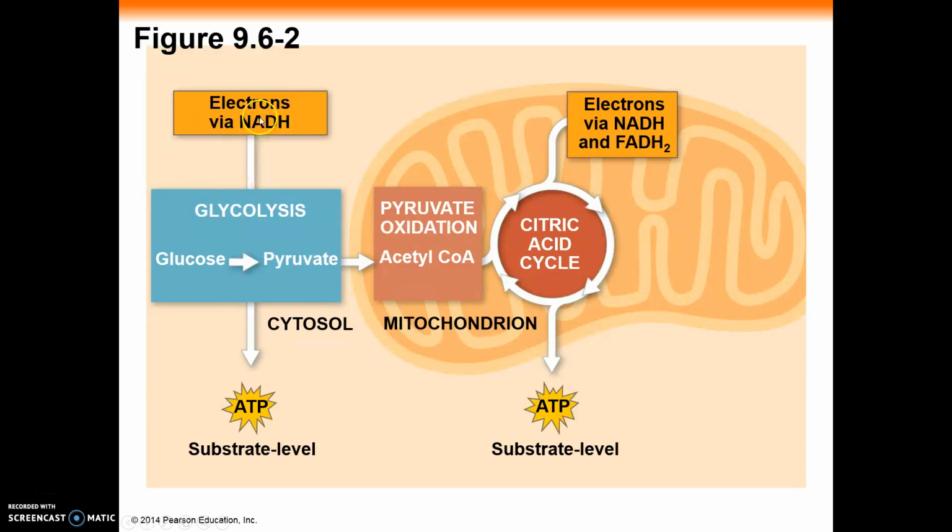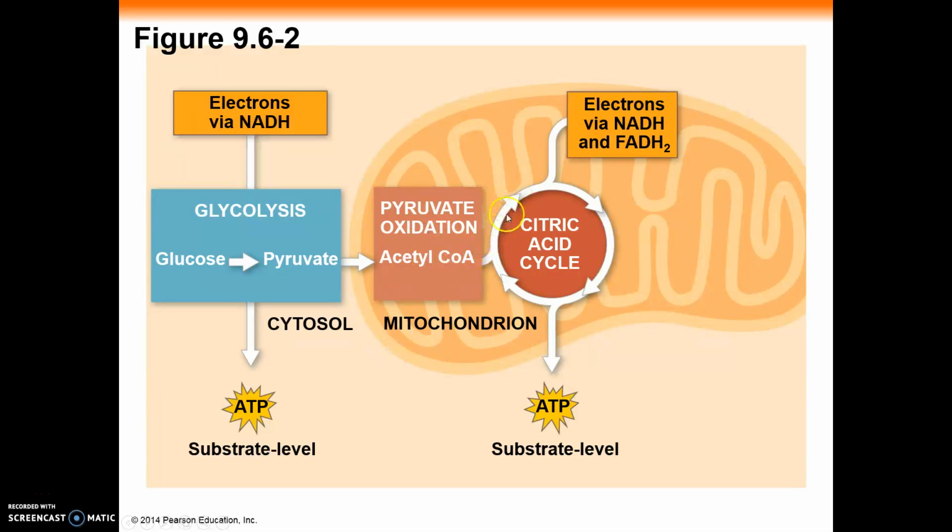So this is the overall process that we looked at: glycolysis, glucose into pyruvate, we generate ATP, we get some electrons. And then if we have oxygen present, we can import pyruvate from the cytosol into the mitochondria, turn it into acetyl-CoA through this process called pyruvate oxidation. We liberate carbon dioxide here.